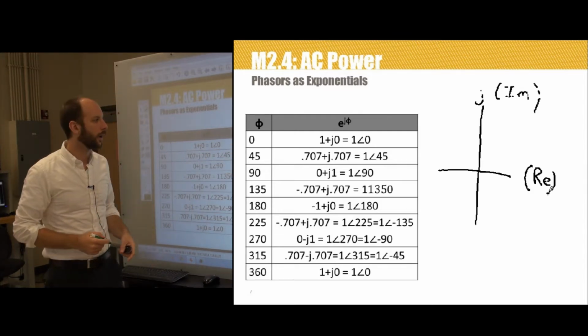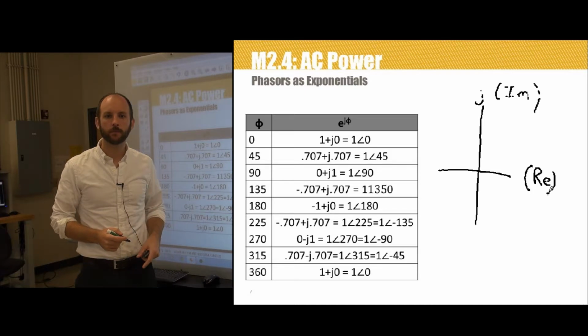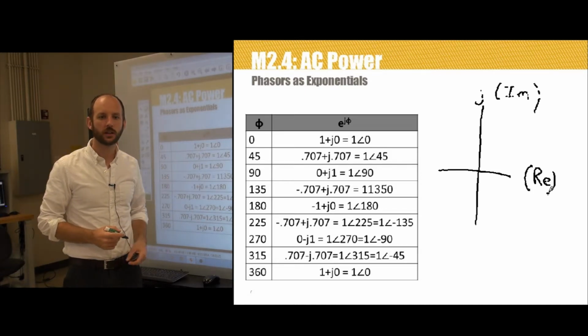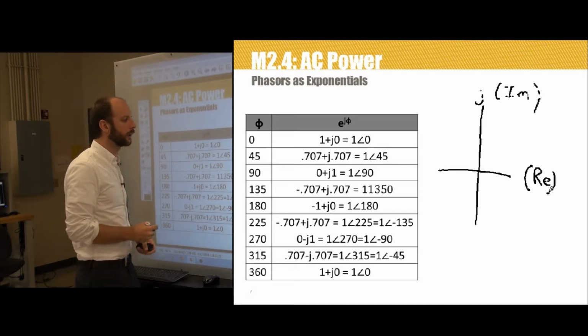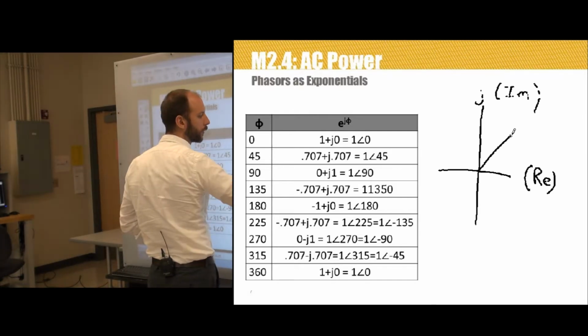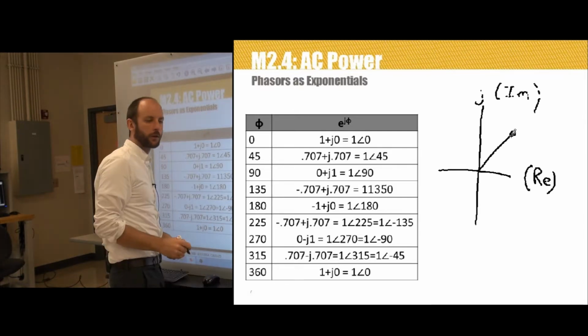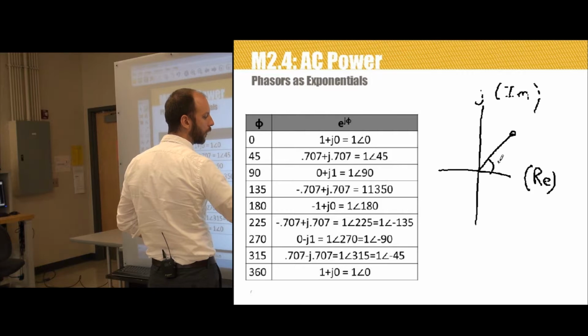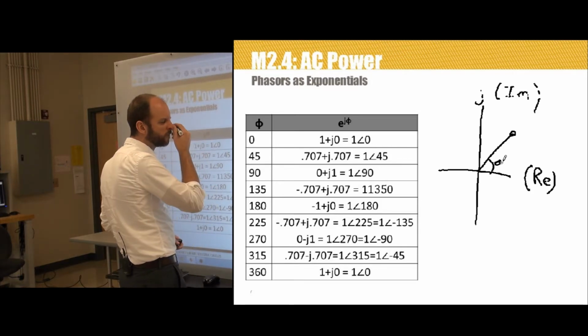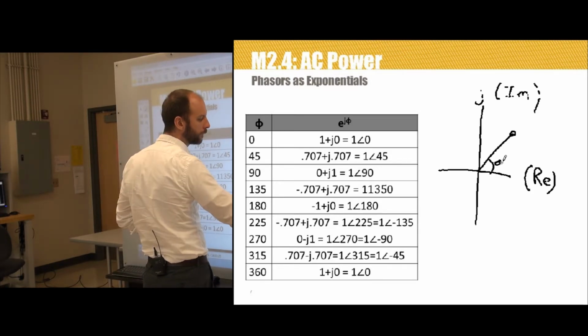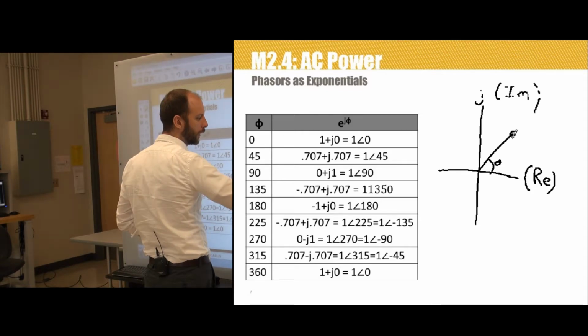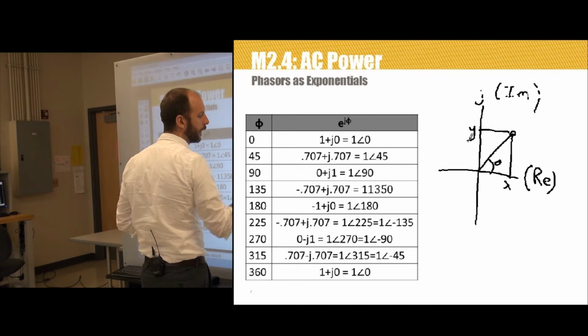And so you can see then how we got e to the j theta equals cosine of theta plus j sine theta, right? If we were to just draw some arbitrary vector with angle theta, the components of that point are going to be the x value and the y value, right?